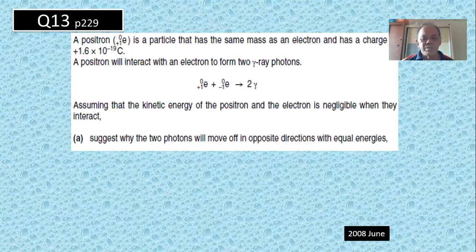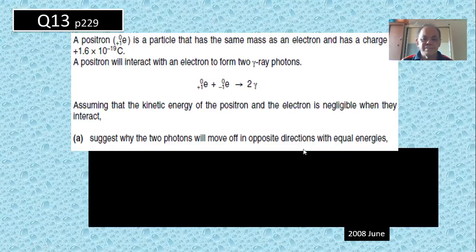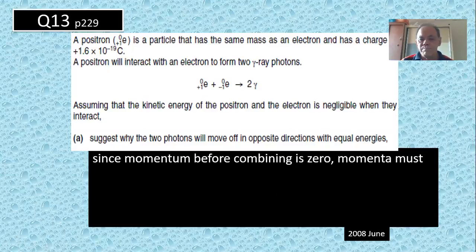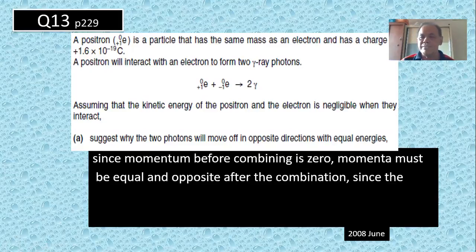Suggest why 2 photons will move off in opposite directions with equal energy. So now they are testing you about AS, conservation of momentum. Right? So this is a collision question. Since momentum before combination is 0, momentum must be equal and opposite.